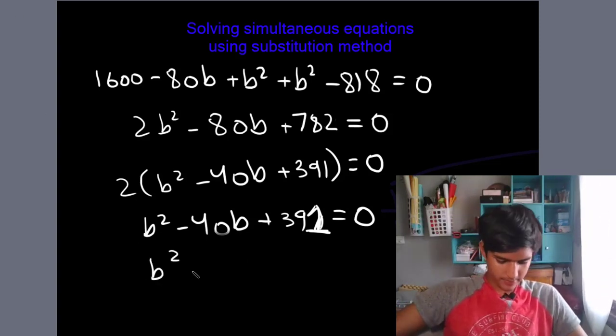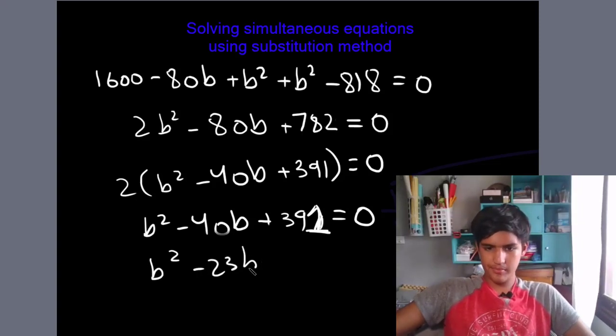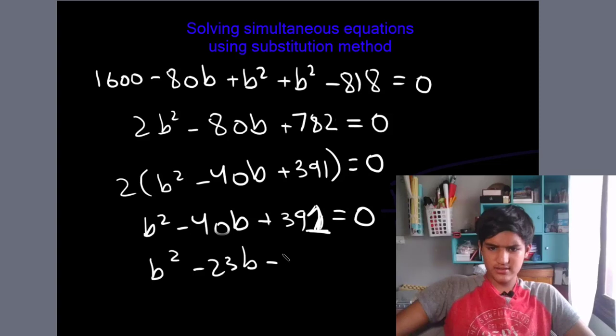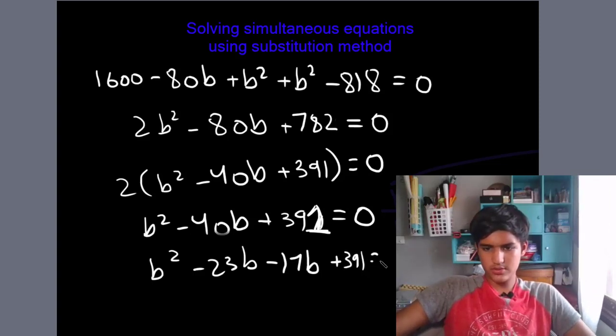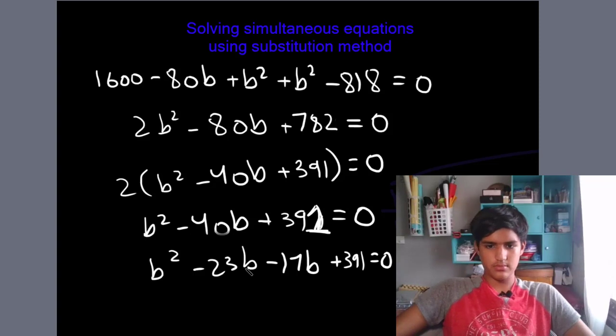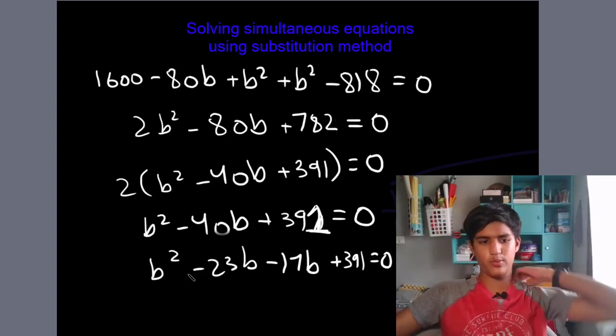B square minus 23B minus 17B plus 391 is equal to 0. So if we add these, we get minus 40, and if we multiply them, we get 391.